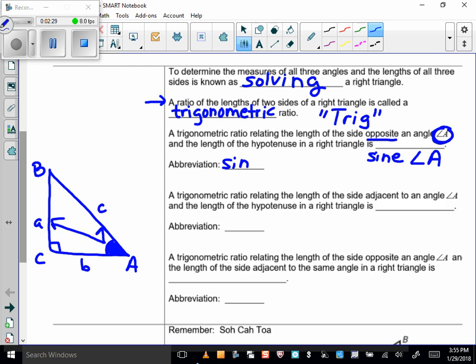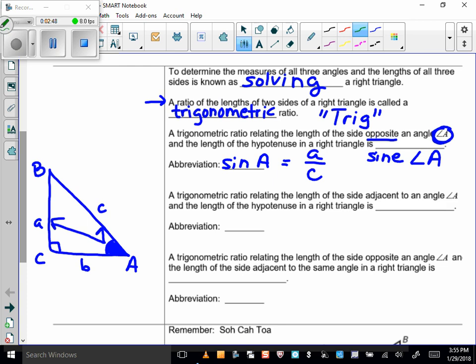It's not a sin at all. It's not even close to being a sin. We just abbreviate it with sin A, and based on our picture, that's going to be side opposite over hypotenuse, right? A over C.